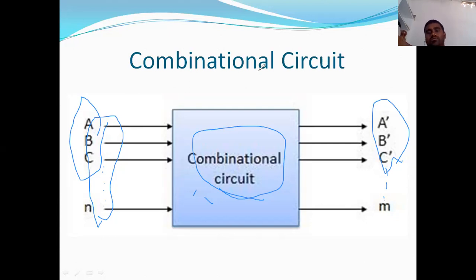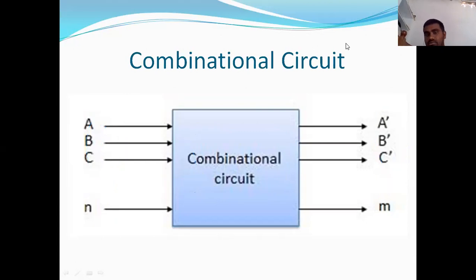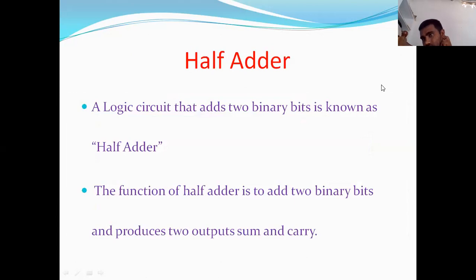So this is about combinational circuits, combinational logic circuits. Okay. So next, coming to half adder. What is meant by adder?